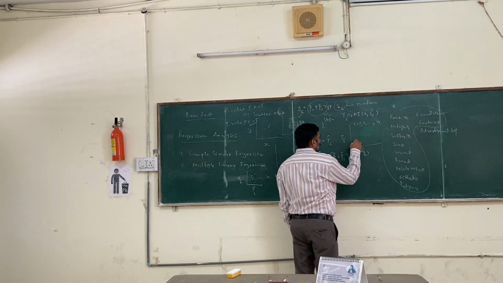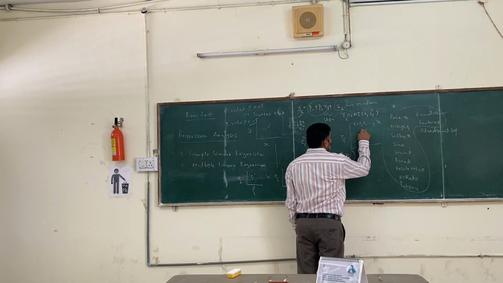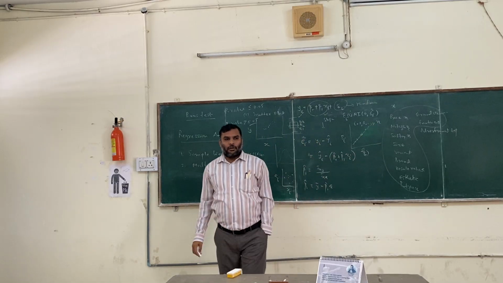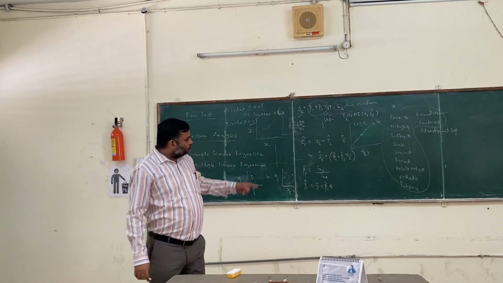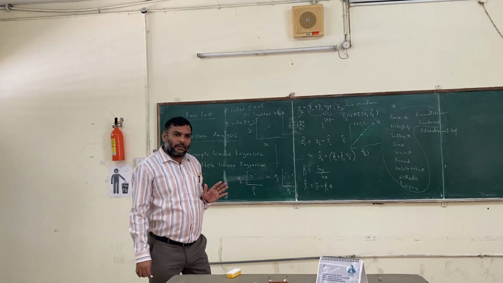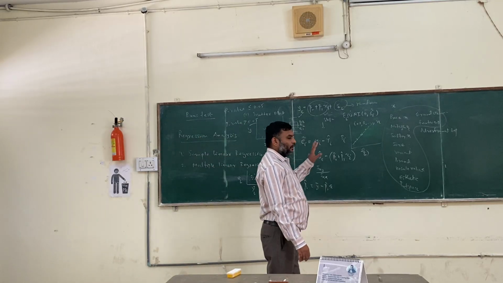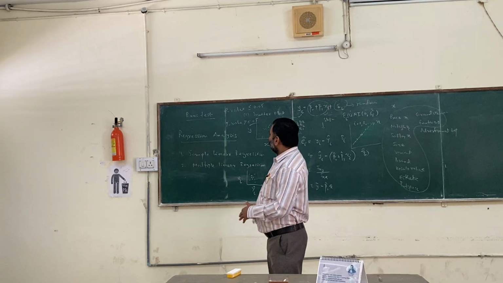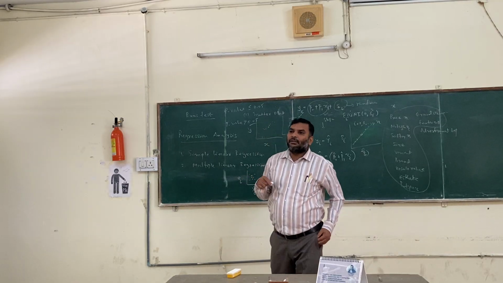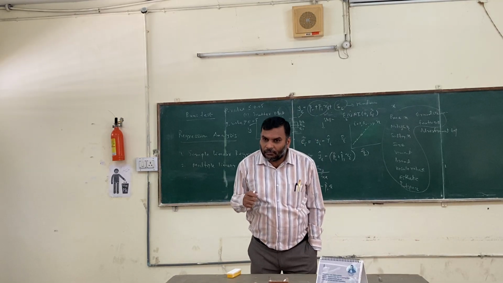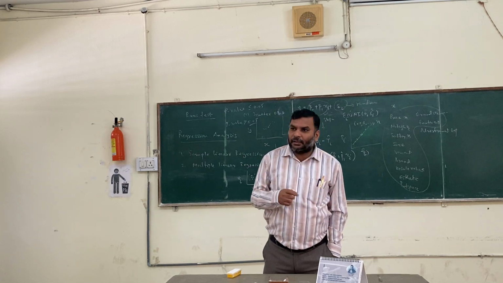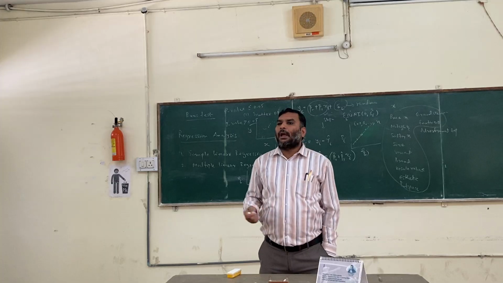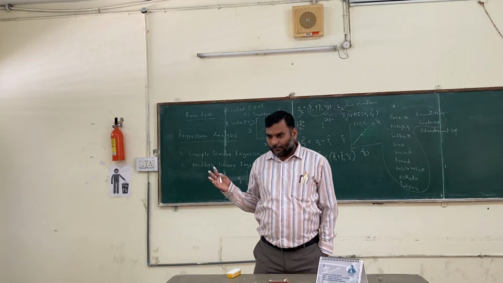If you make the plot and draw the normal probability line, and all the points are covered by this line, then we say that the data is coming from a normal distribution. So these are the graphical methods. By test, you can verify using the Shapiro-Wilk normality test, Kolmogorov-Smirnov test, Jarque-Bera test, or Anderson-Darling test. You can use any one.